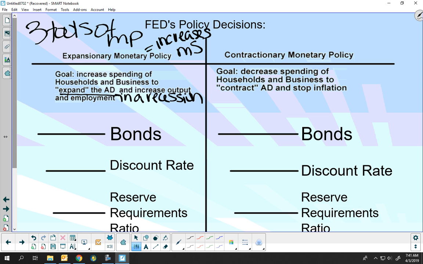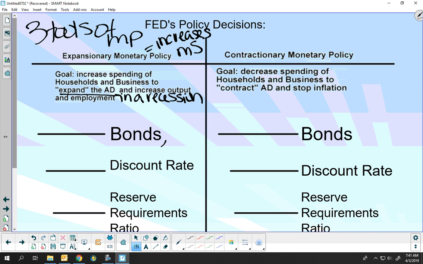So the first one is they do something with bonds. What's a bond? It's a loan. Okay, so remember, it is basically a loan. There's other words for bonds. I think the last test, the midterm, had some of these words in wrong answer choices, because we haven't talked about them before.